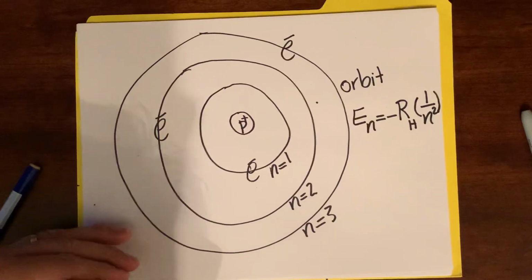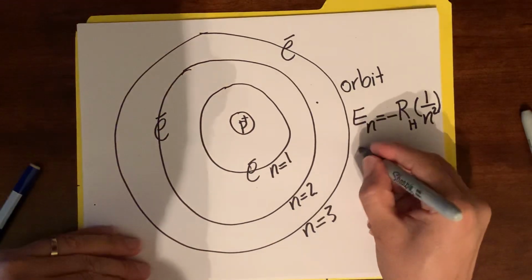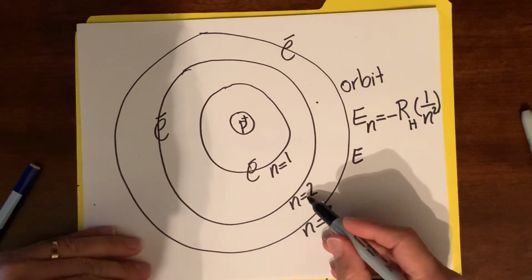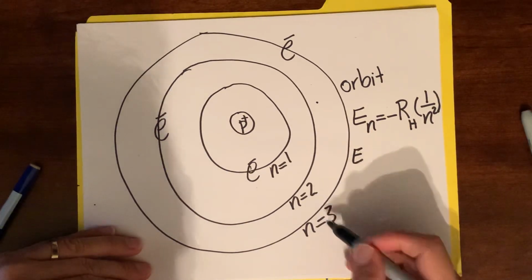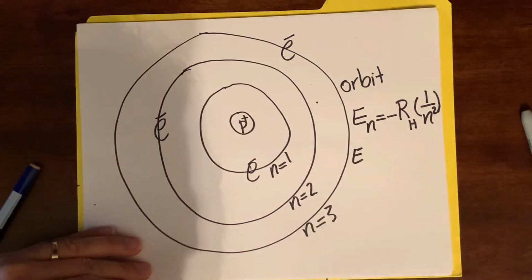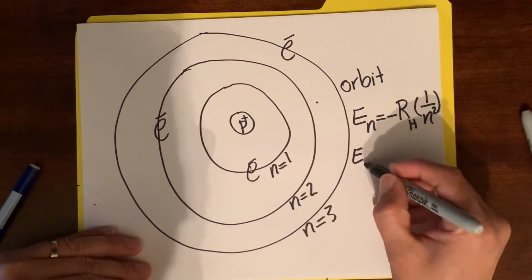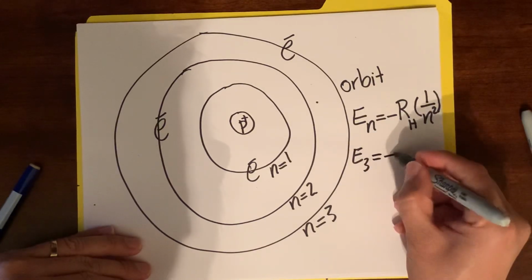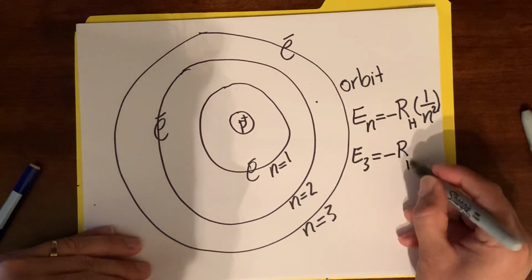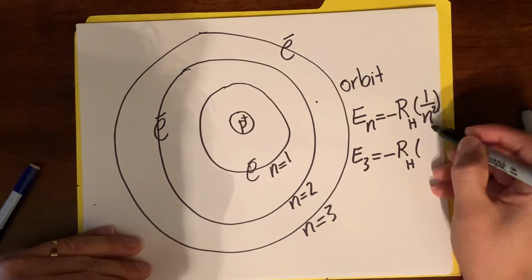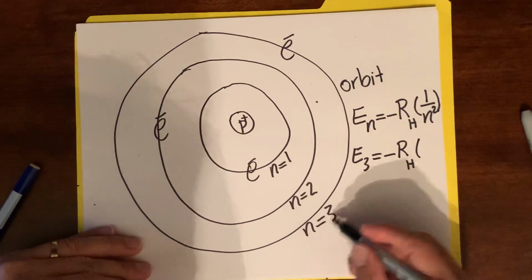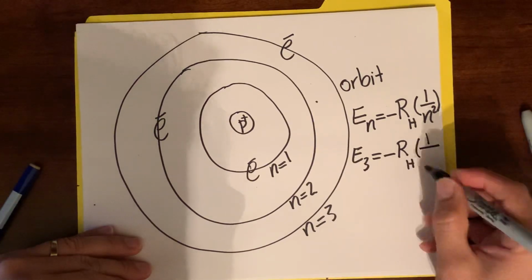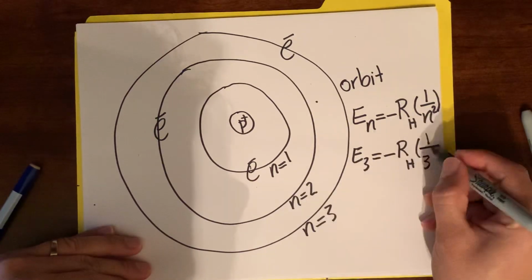For an electron in the third orbit, n is equal to 3, the energy is minus RH times 1 divided by 3 to the second.